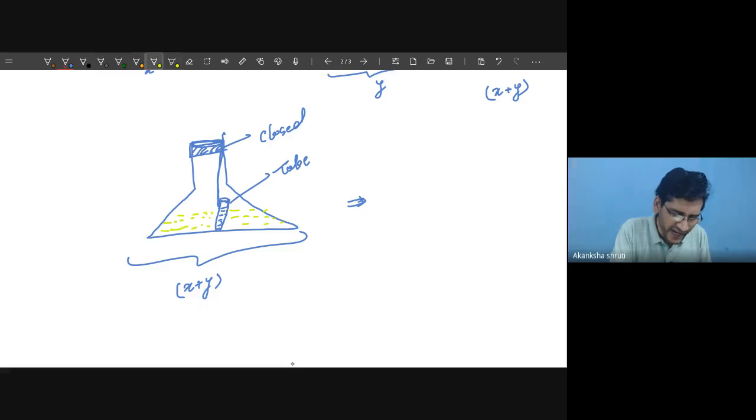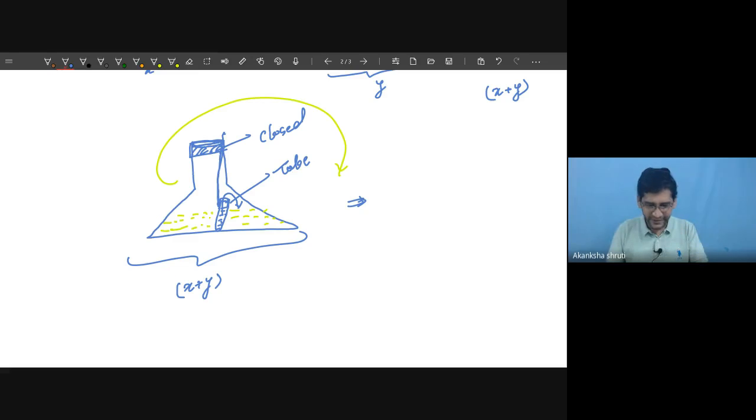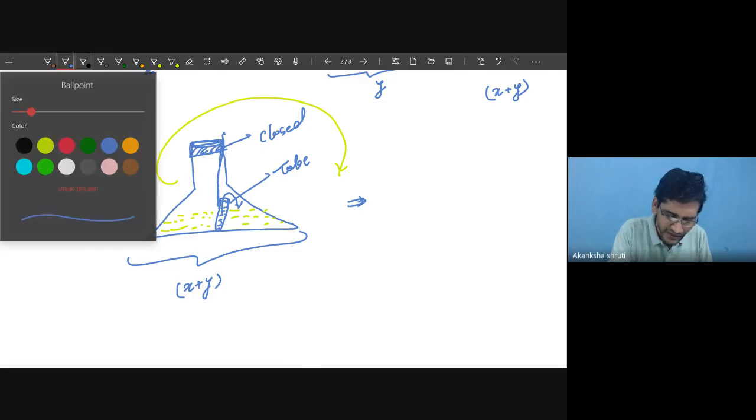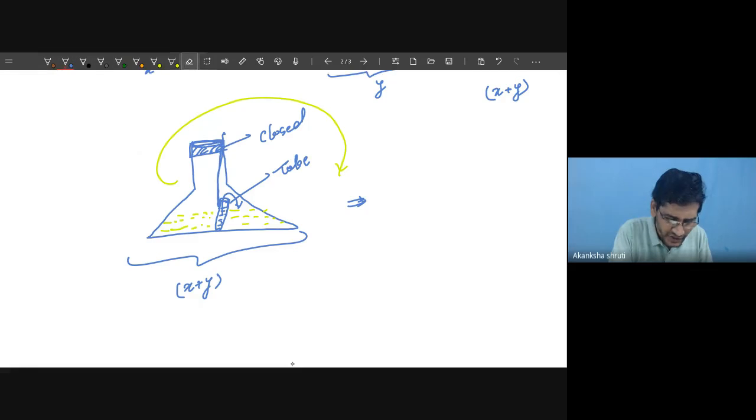How is this tilting done? This conical flask is tilted such that whatever chemical is in this tube will just pour into, or mix with, this one. So that we have to do in the next question, students.